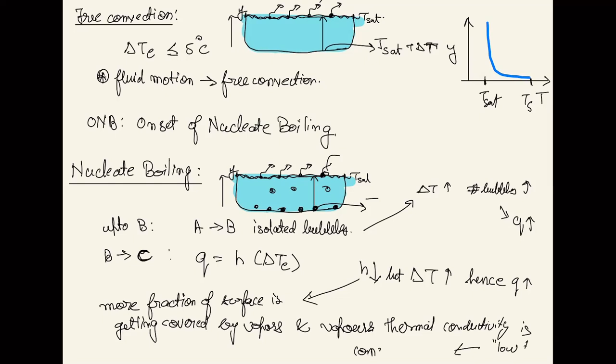Again, this is compared to liquids, okay, hence your H is decreasing but delta T is increasing, hence a net increase in Q is seen.